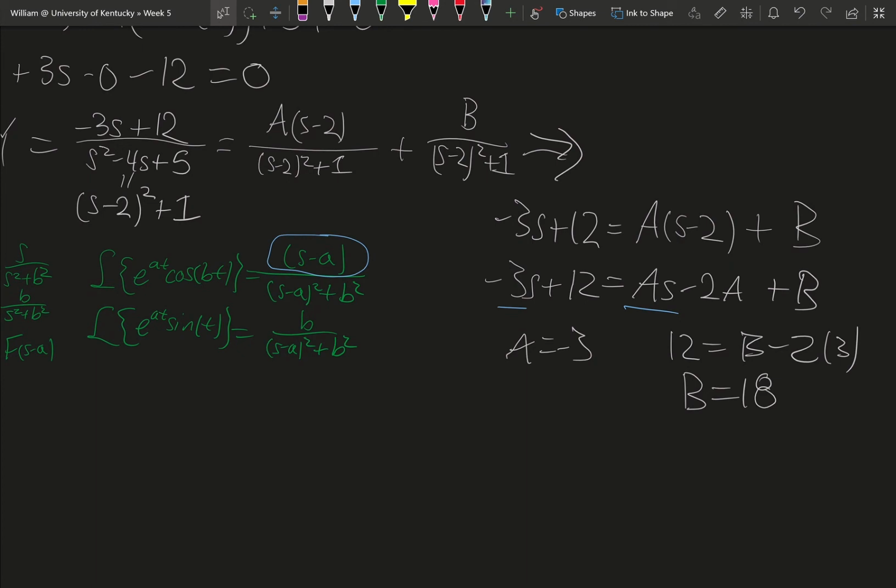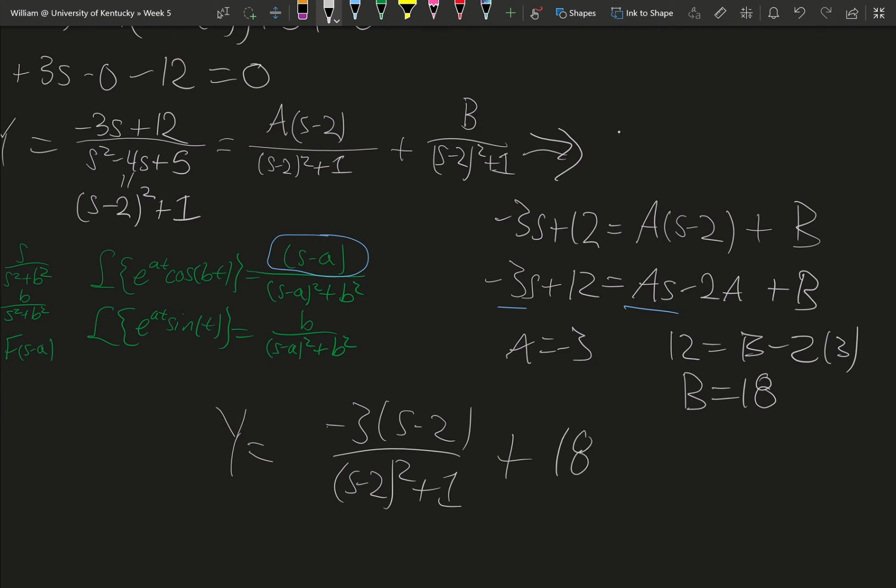Okay, plugging that back in, we have that capital Y is negative 3 times s minus 2 plus 18 over s minus 2 squared plus 1.